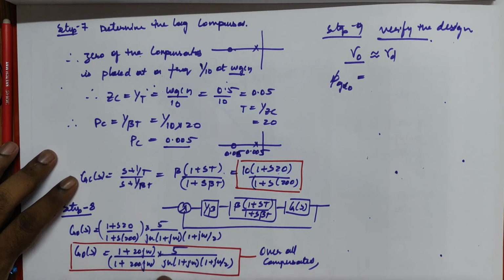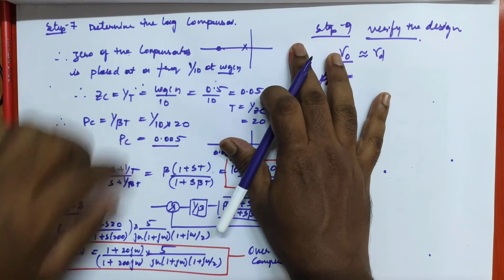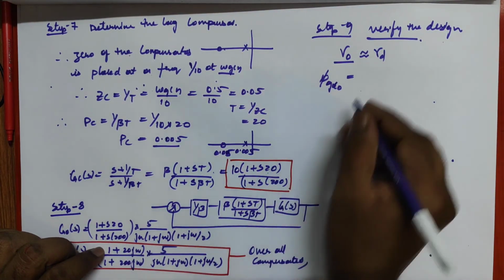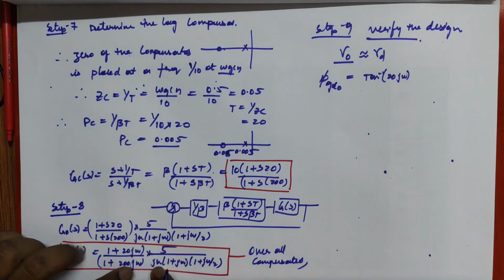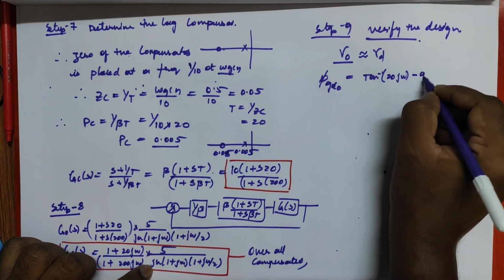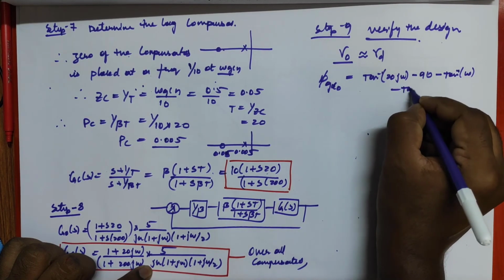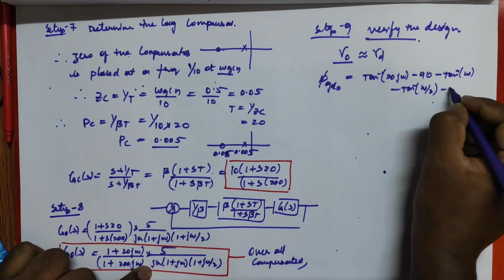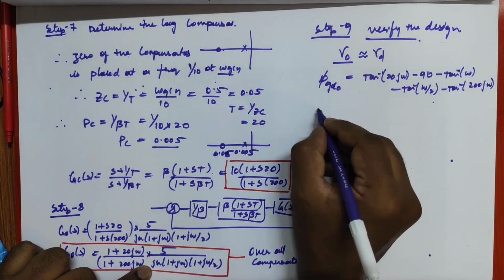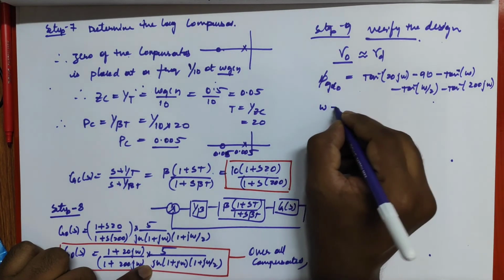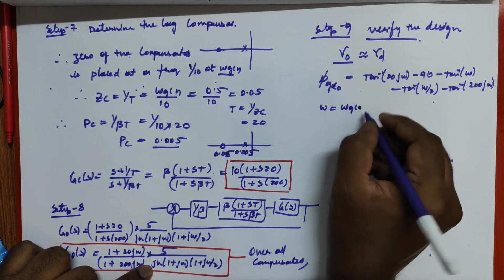From this, the numerator having the term tan inverse of 20ω, then in the denominator minus 90 minus tan inverse of ω minus tan inverse of ω by 2 minus tan inverse of 200ω. Now we have to check this at ω equal to ωgc.